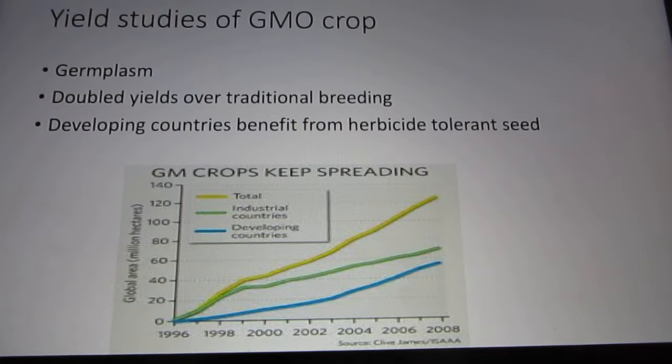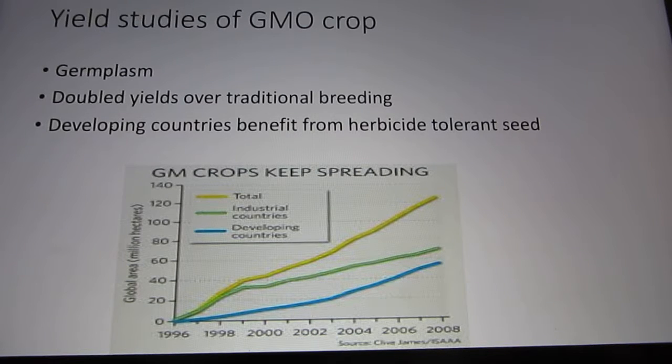Yield studies of GMO crops. According to Monsanto, a multinational agrochemical and agricultural biotechnological corporation, yields from a GMO crop have been substantially higher. Germplasm is the basic genetic information in the seed, the influencer on growth and development of the plant.